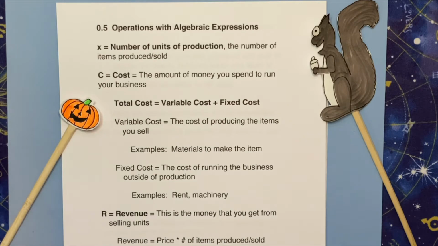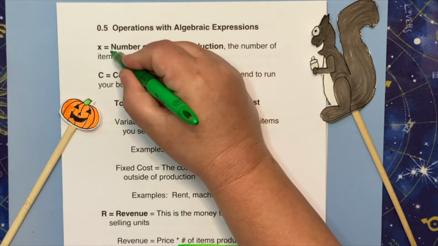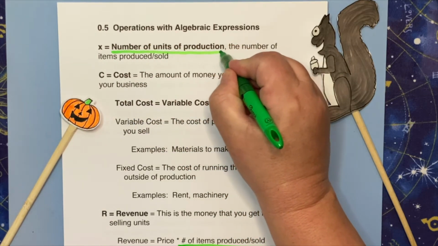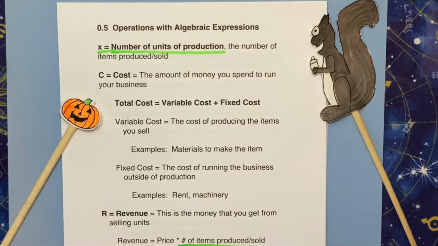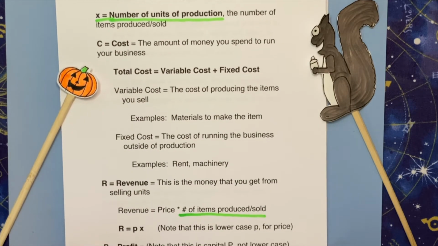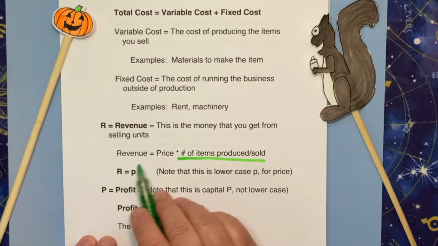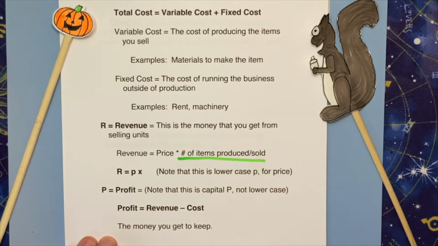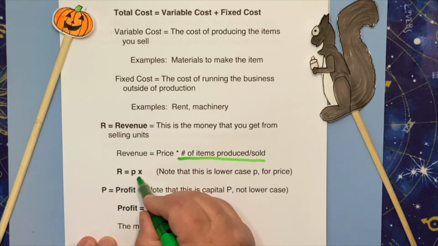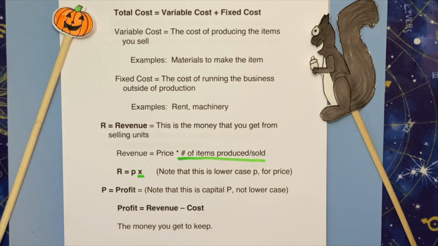And we happen to know that the number of items produced or sold is X. So, as we move this up, revenue is the price times the number of items produced or sold, which means it's the price times X.